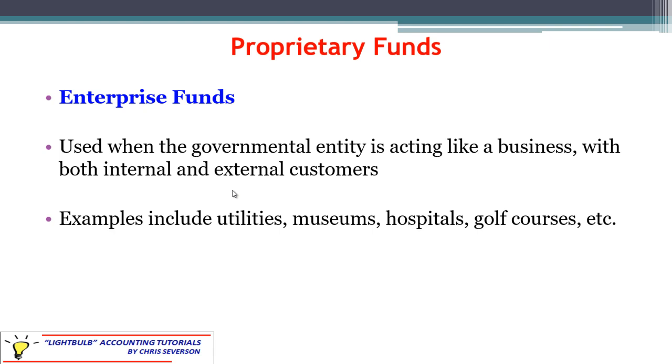There are going to be plenty of government employees or departments using the utilities, as well as citizens. But enterprise fund, it's acting like a business. Again, we're going to see in later videos different journal entries, different transactions, but this is just an overview.